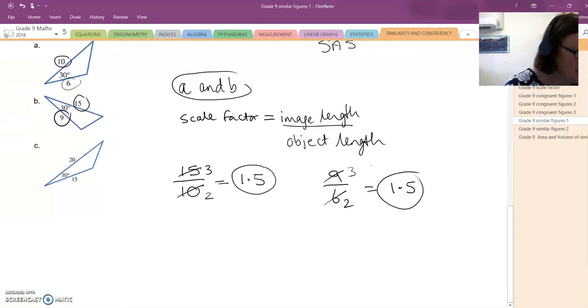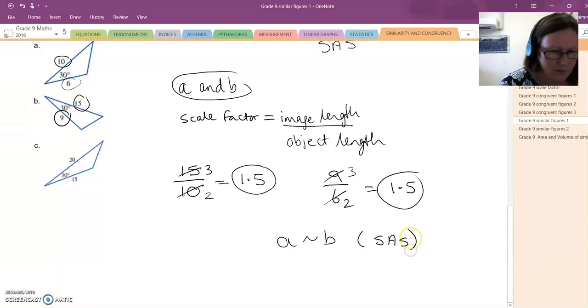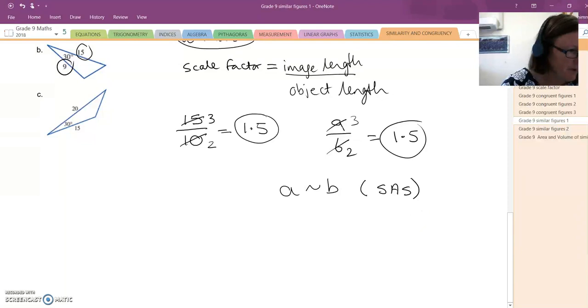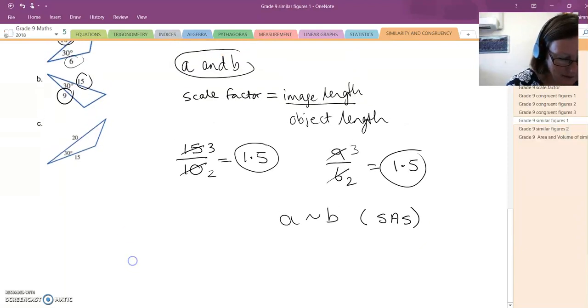So we can say that A is a similar triangle to B, and how do we know? We know the SAS rule.